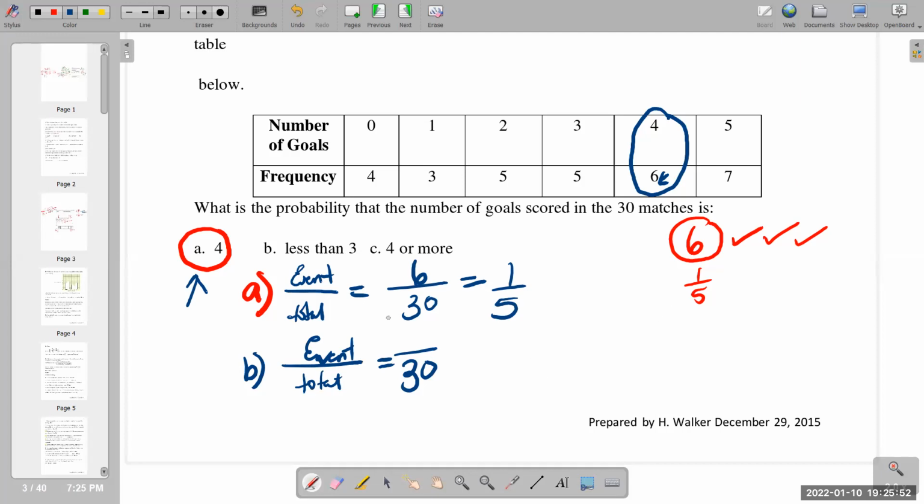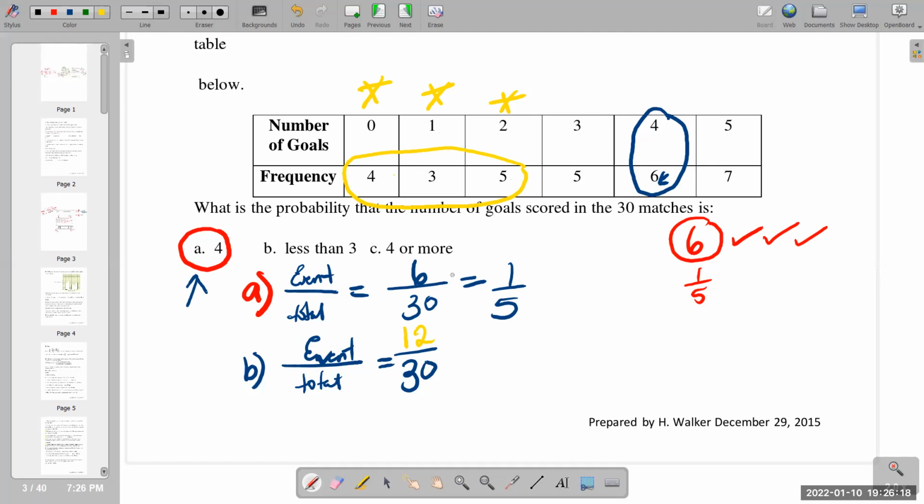So I see some answers there. 12 is correct. Because when they tell you about less than 3, who are less than 3? 2 is less than 3. 1 is less than 3. And 0 is less than 3. So that means I need to add up all of them here. 4 plus 3, 7. 7 plus 5 is 12. So the answer is 12 over 30.